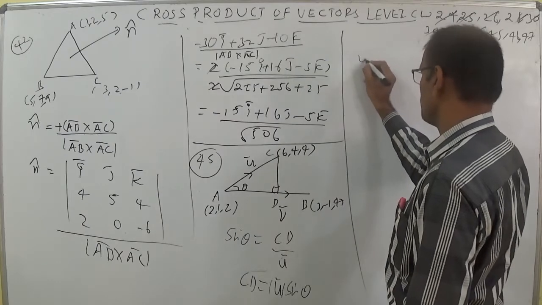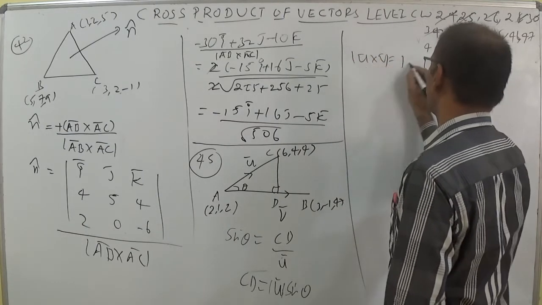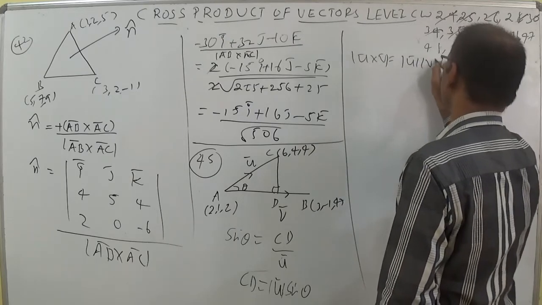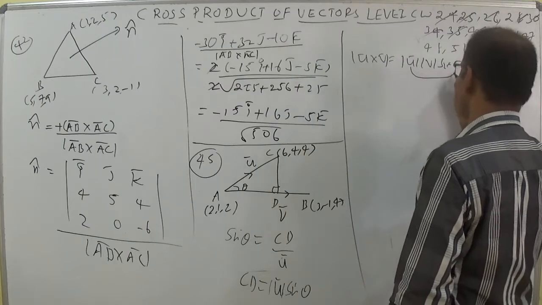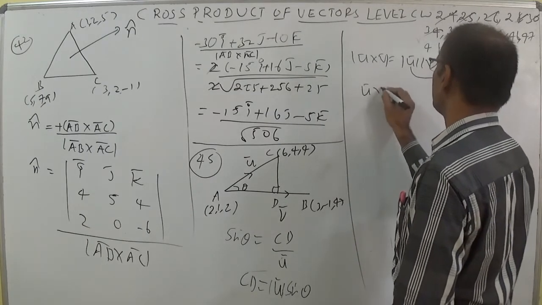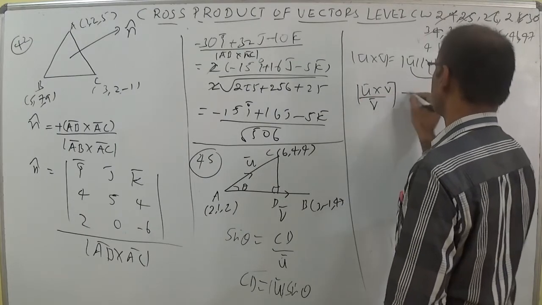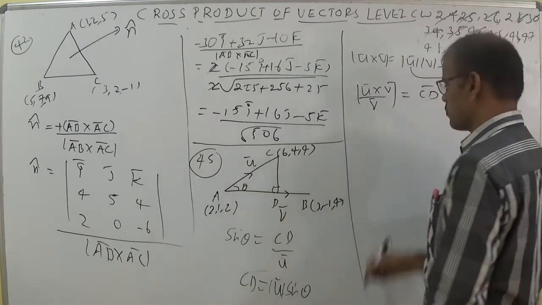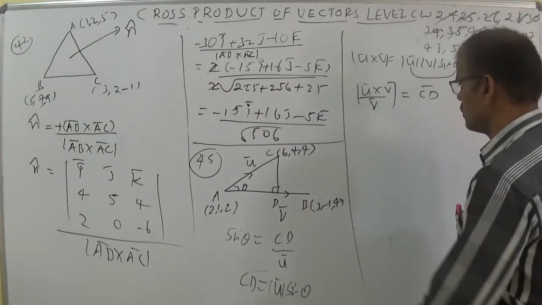And U bar cross V bar has magnitude mod U into mod V into sin theta. So U bar cross V bar by mod V bar is equal to CD. So the perpendicular distance from C to this line you can calculate using this.